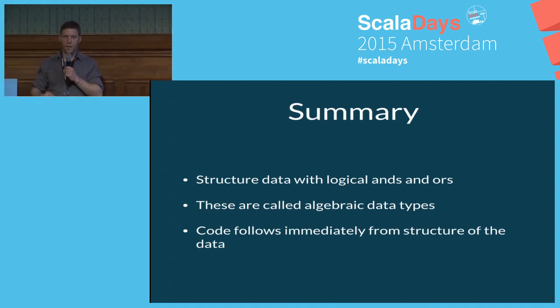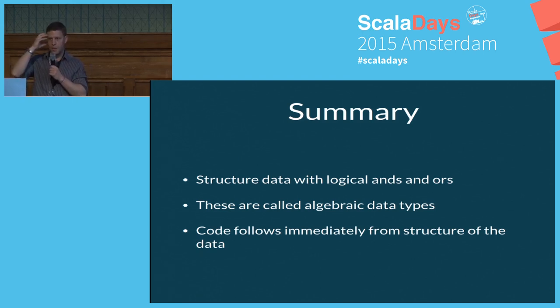Lots of stuff in the standard library, for example Option, Try, List, and so on, are actually algebraic data types. Then we can model them in code very easily, in a way that's almost entirely mechanical, just applying a few patterns and the code falls out. So you work out in your head what the model should be, that's the thinking bit, and then the code follows in a straightforward manner.